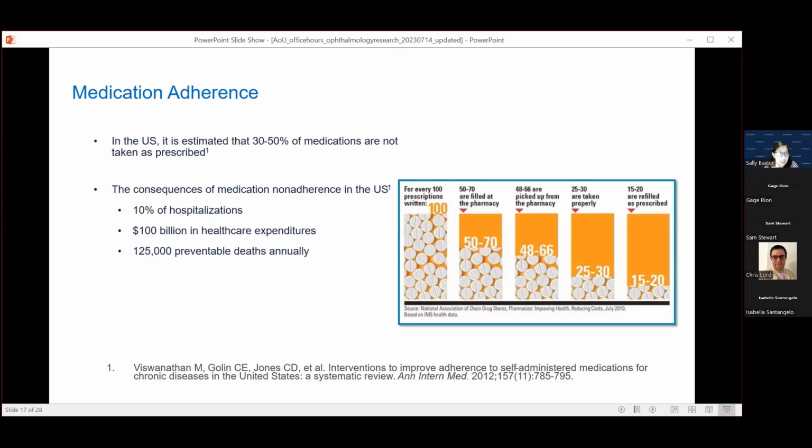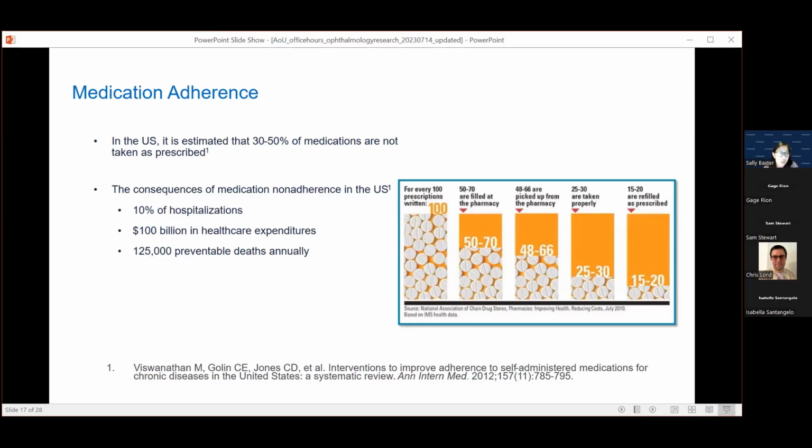An example for us in ophthalmology is that people order their eye drops, but they're not able to take them correctly, and they may miss their eye. We do have a lot of older patients, so they may have arthritis and other musculoskeletal problems that make it difficult for them to take their medications.